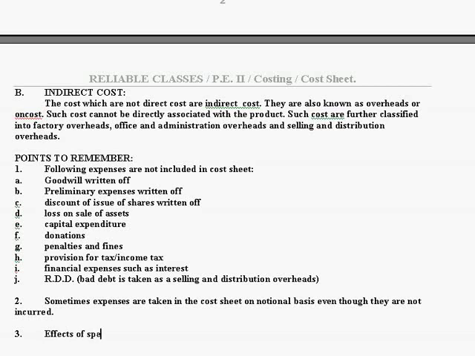Now effects of special transactions. A. Finished goods purchased.